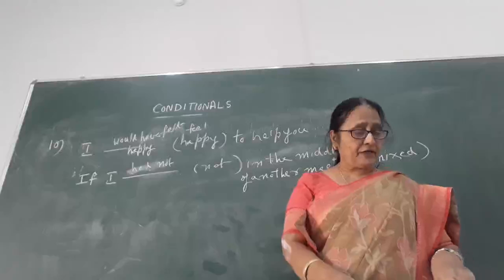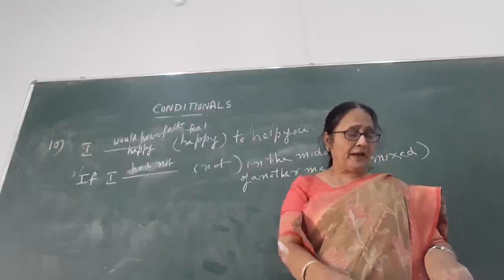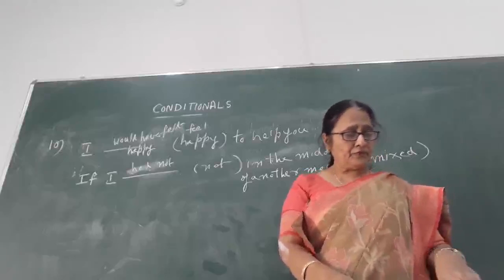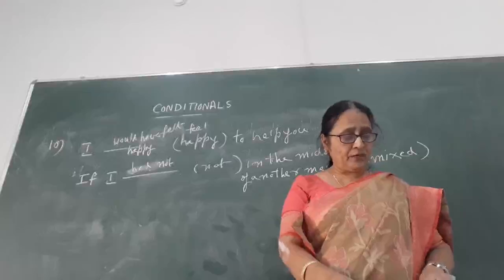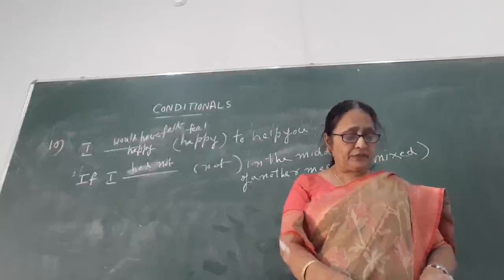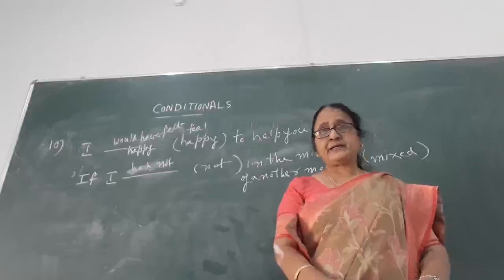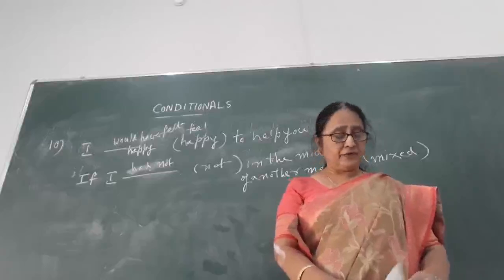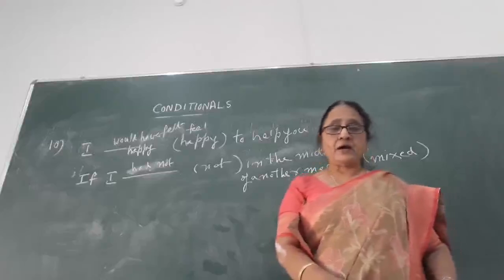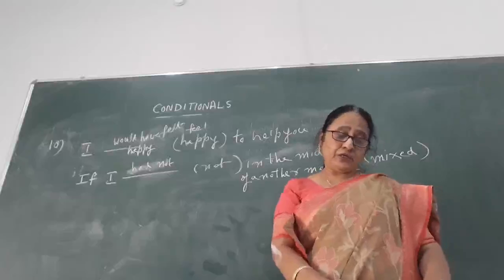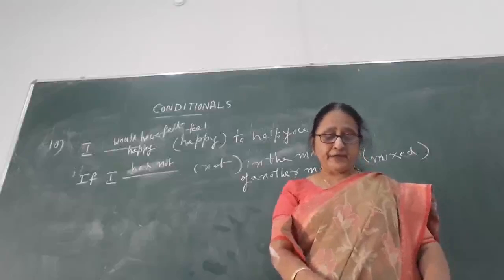Then fifth one, you would have had no problem in the interview. The correct one is A: you would have had no problem in the interview if you had prepared well.